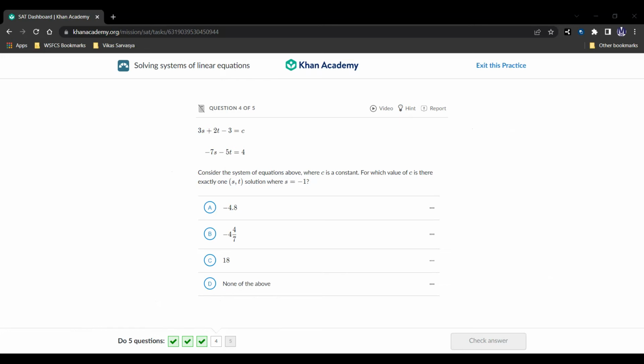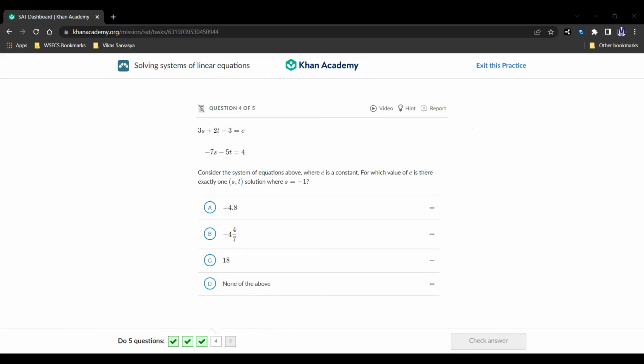So what the question is saying, so the systems of equations above where c is a constant. For what value of c is there exactly one s comma t solution where s equals negative 1? Okay. Now what does that mean? Now let's see what we can do.